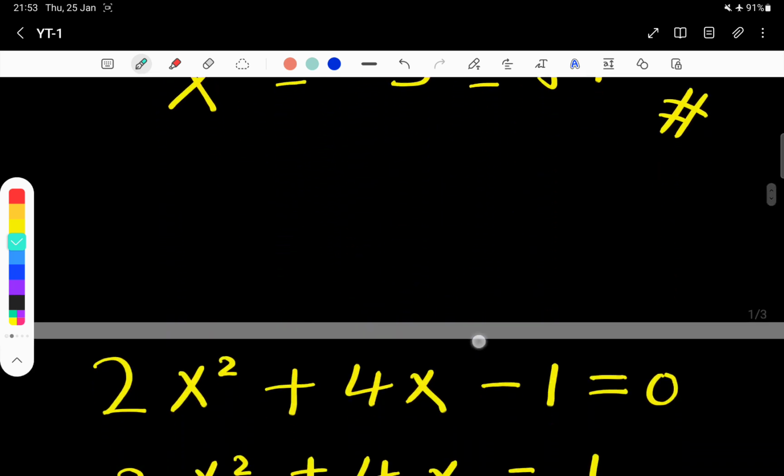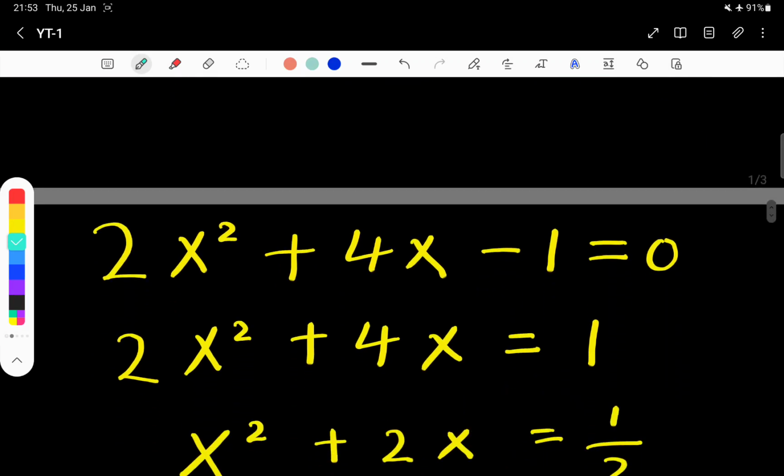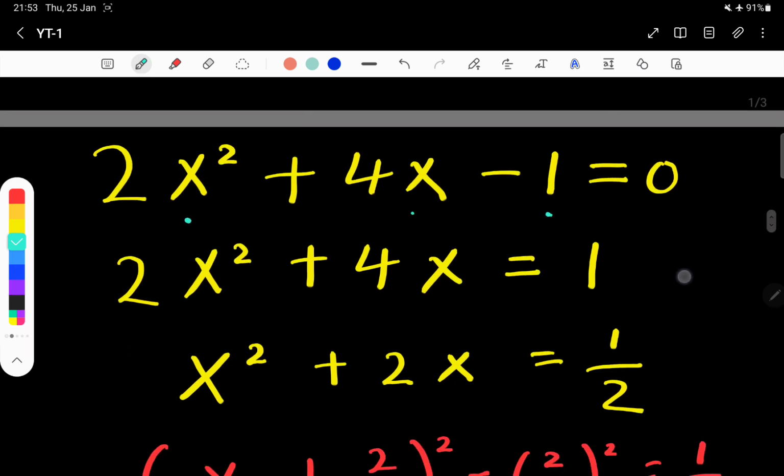Let's see the second question, which is 2x squared plus 4x minus 1 equal to 0. Again, in order to solve the completing square questions, you need to move the constant term to the right hand side. So it becomes 2x squared plus 4x equal to 1.